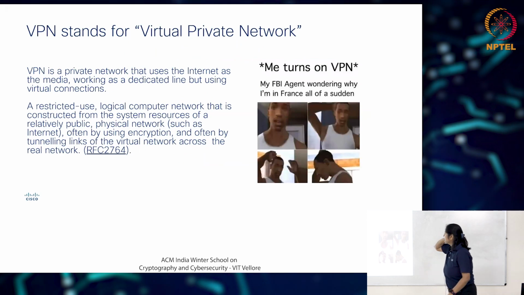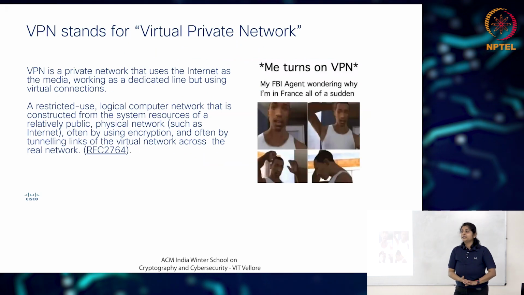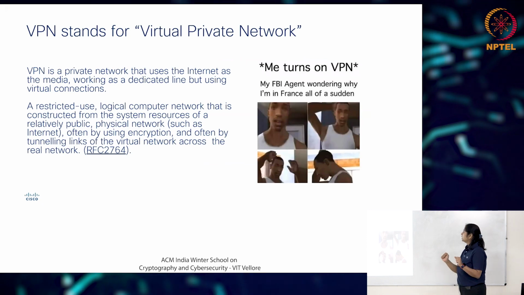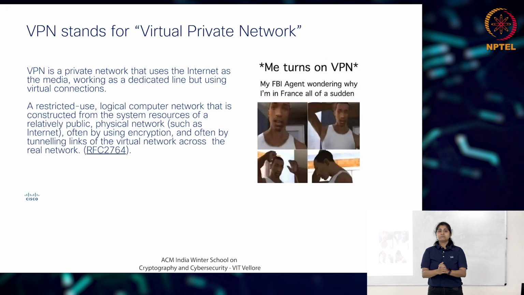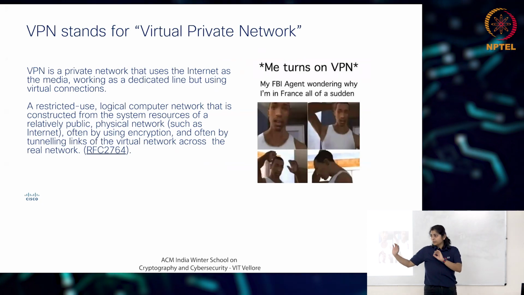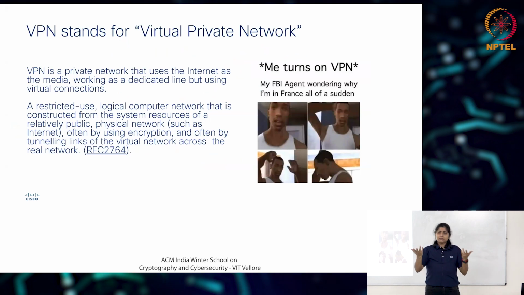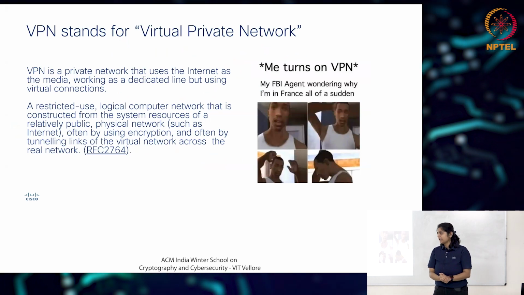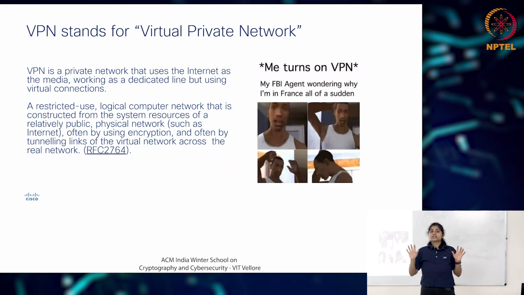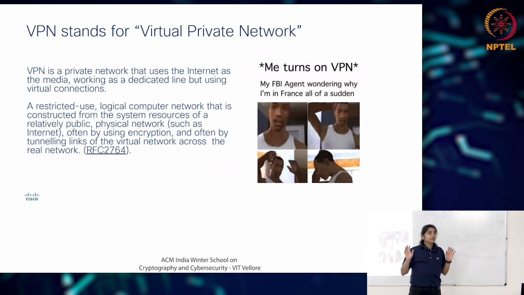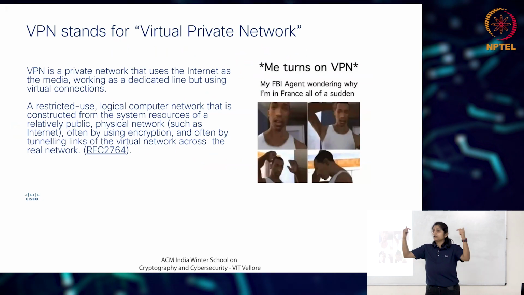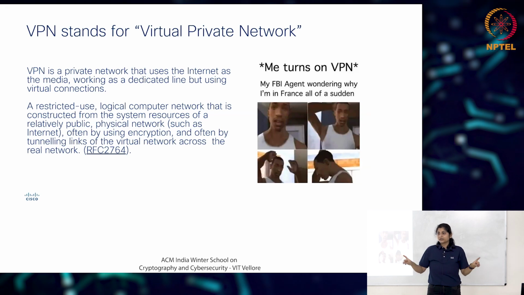I won't bore you with all the details of VPN. Basically, VPN serves a couple of main purposes. You want to connect to a private network, or it can be a public network, there's no restriction to that. But you want to connect to a network over an unsecured channel using a secure media. The default media is not secure. You come to this campus, it is not secure.